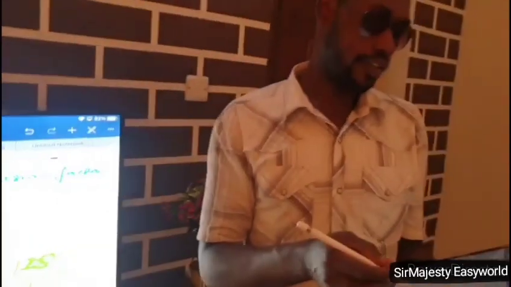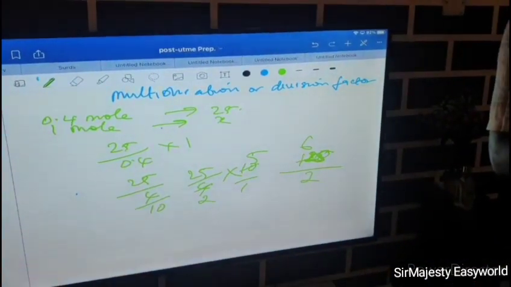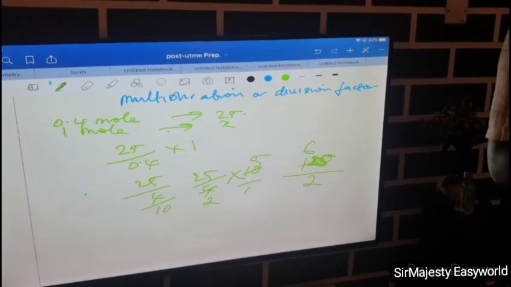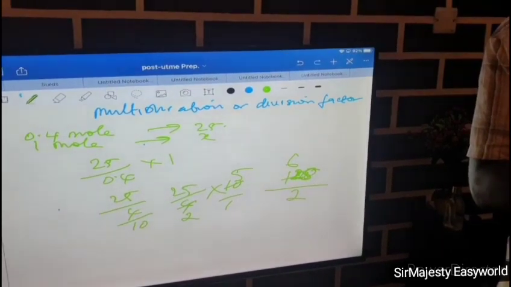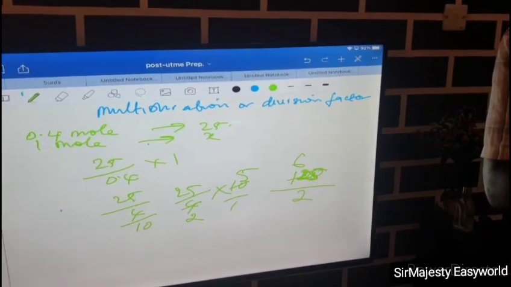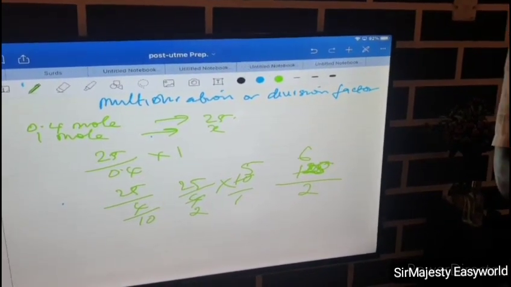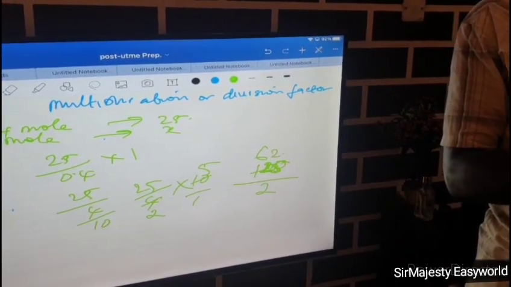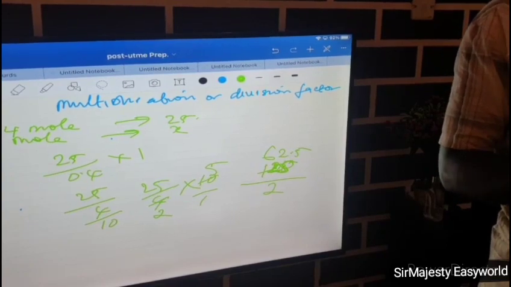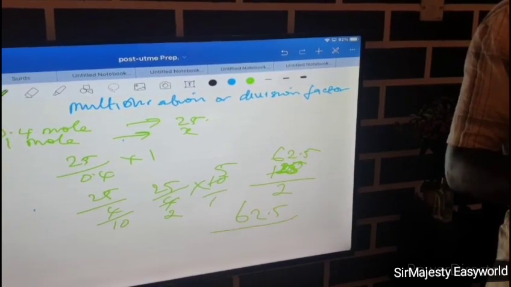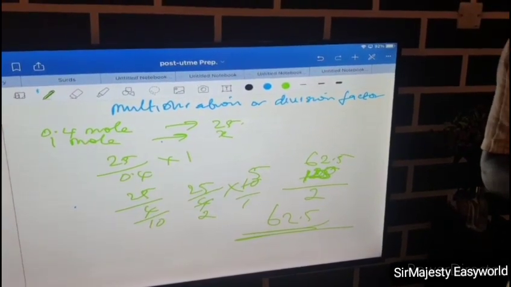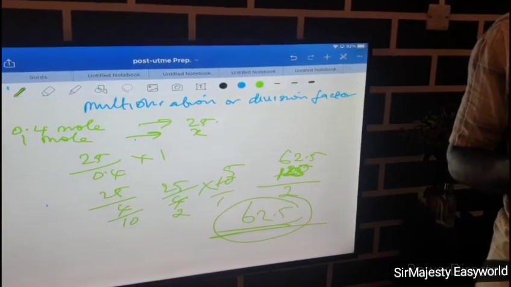So 125 divided by 2: 2 dividing 12 is 6, then 2 dividing 5 is 2.5. Yes, 2 dividing 5 is 2.5. So our answer is 62.5. Exactly. You see what I did now? Dividing separately, and we have arrived at the answer previously.